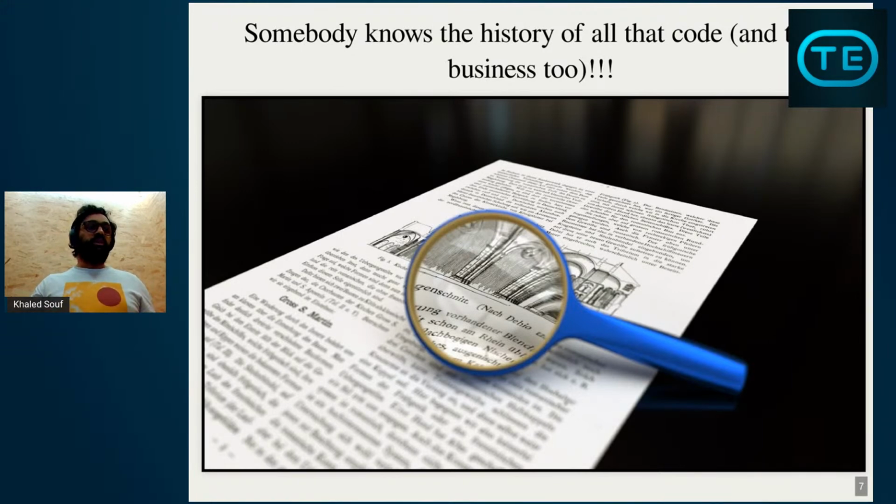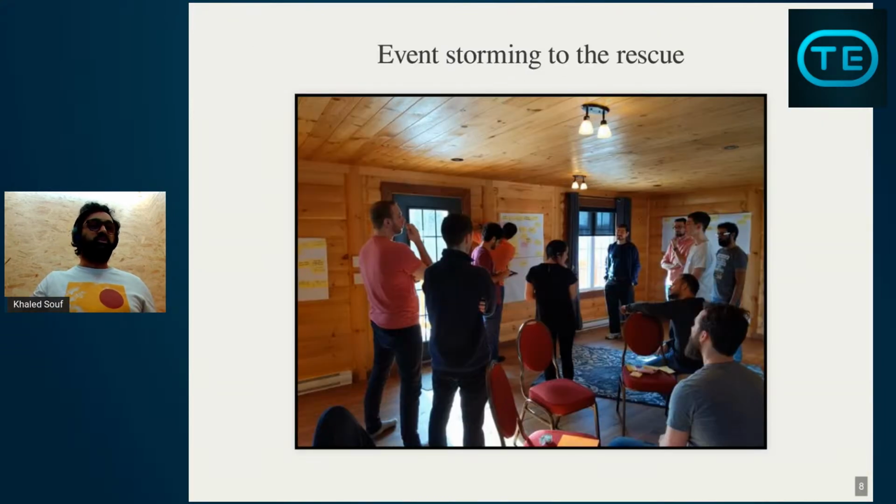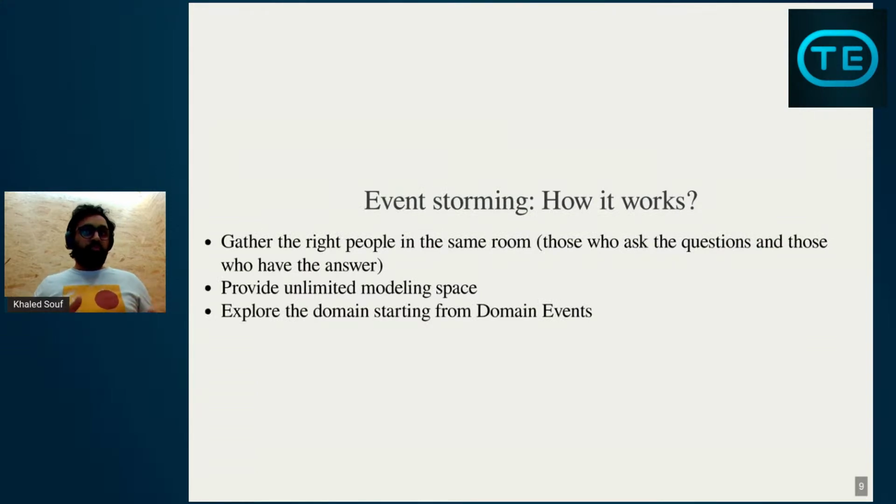So how do we picture it? One of the tools that I usually use from DDD is event storming. You gather a lot of people, like you see here, in the same room. And usually when we gather these people, you're going to have two types: those who have questions and those who have answers.